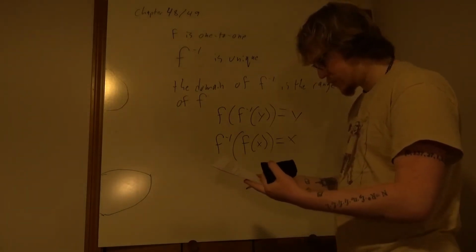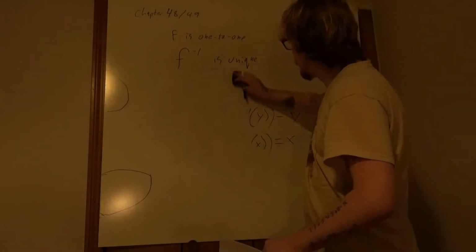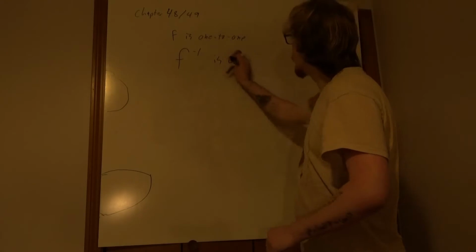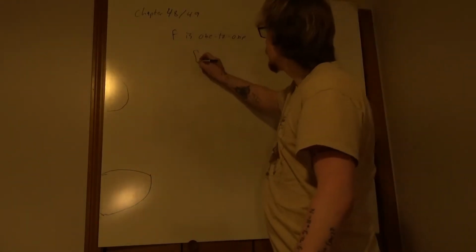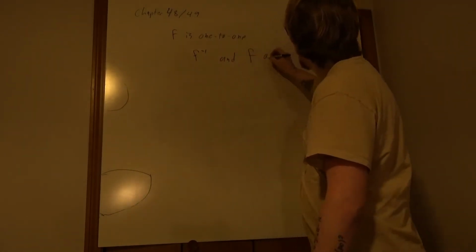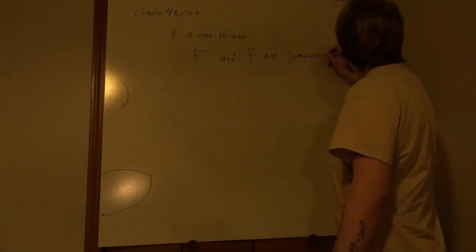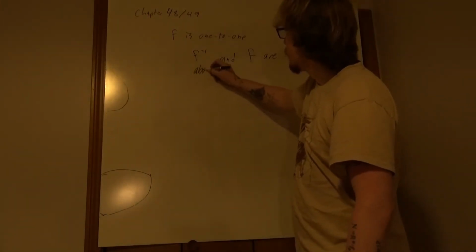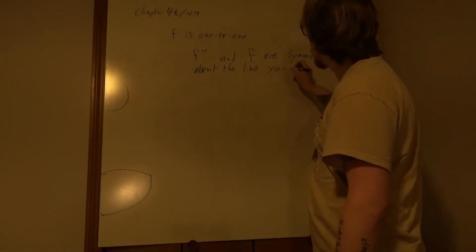So with those, all right, the last thing, which isn't really going to be too important in a while, but helps with the very next part, is that f inverse and f are symmetric about the line y equals x, right?